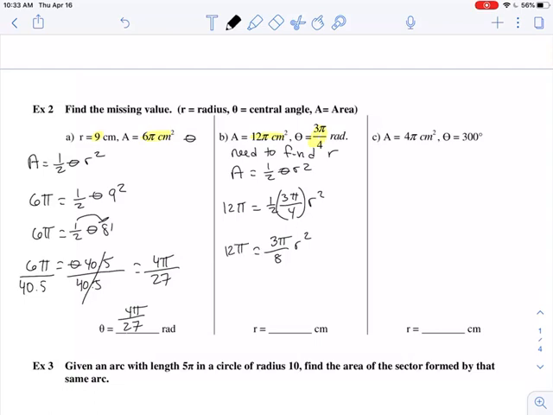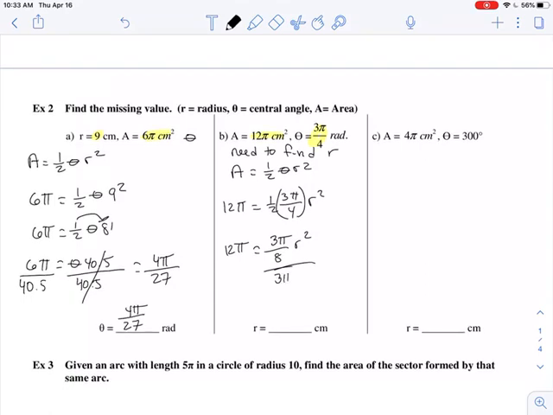Again, it's 3 pi over 8 times radius squared, so I'm just going to do the inverse operation. I'm going to divide by 3 pi over 8, which would cancel, and then I'm going to go 12 pi over 3 pi over 8 here. These pi's are going to cancel. You should also just know a radius is not going to have a pi in it.